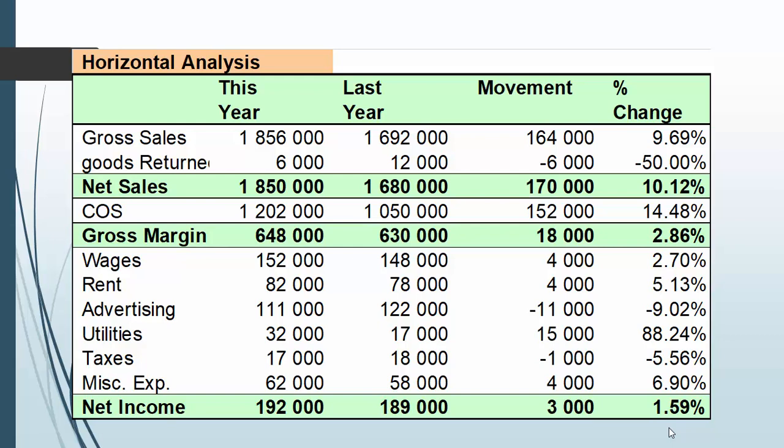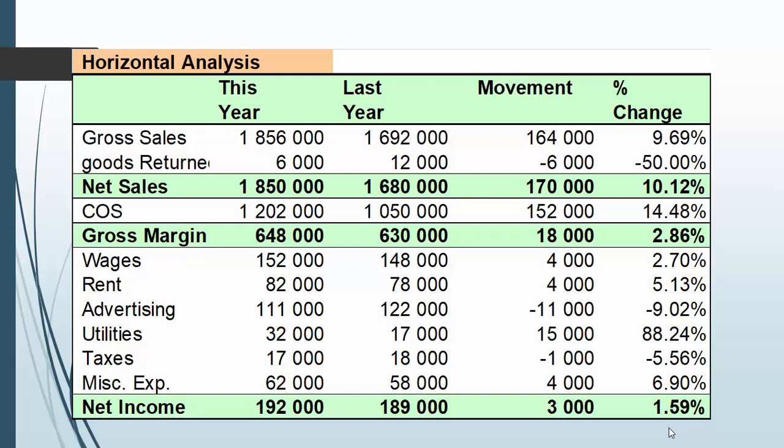So this is an amazing way of looking at this. Now I know where the problems lie within this company. I know it's within cost of sales. Did we change suppliers? Did they change their prices? Does it have to do with exchange rates? Does it have to do with anything around the cost of sales? The purchasing, did we purchase differently?